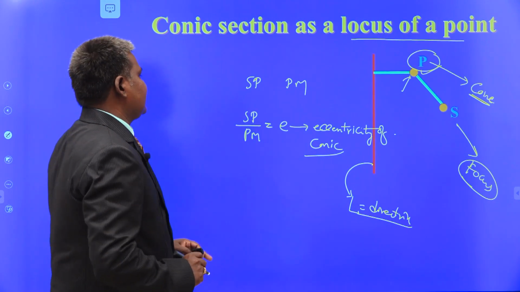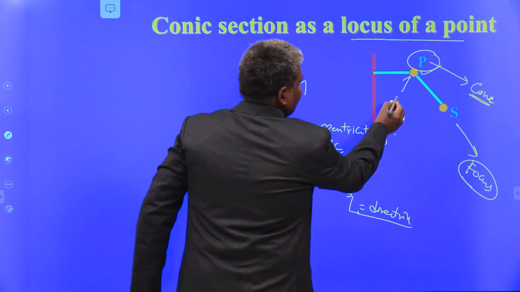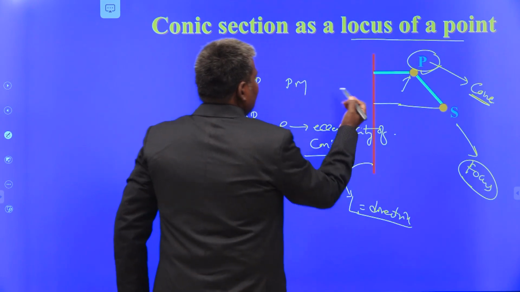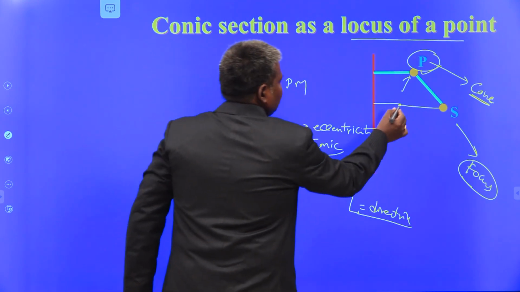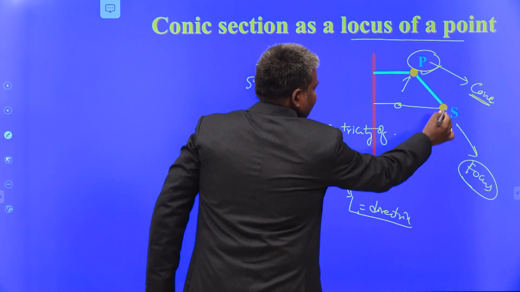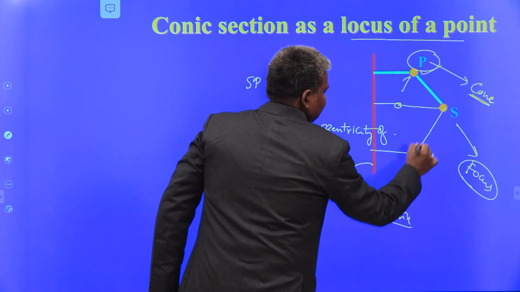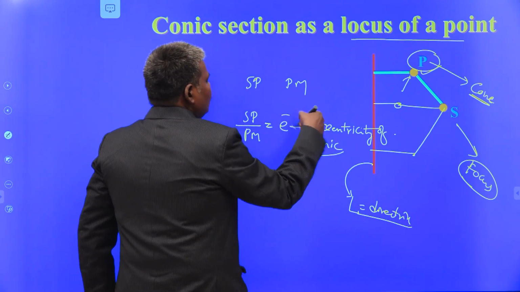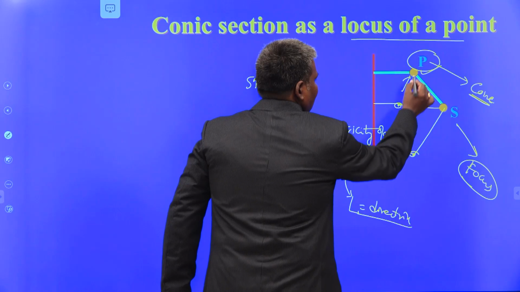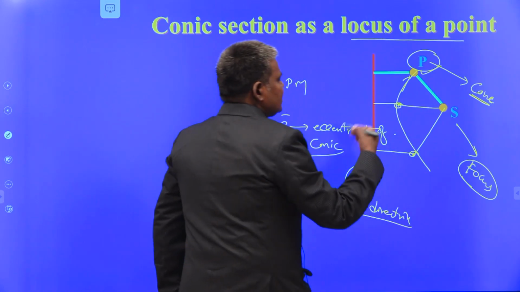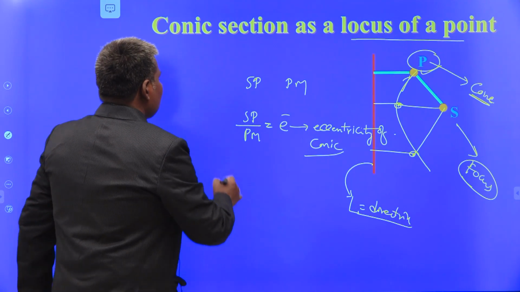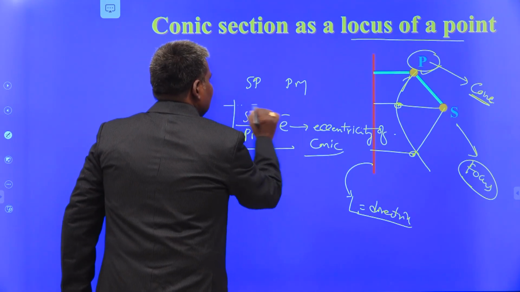Suppose the distance from here to here and here to here maintains the same e, we take this point also as part of the locus. Suppose this is the point, this is SP, this is PM. If the ratio is equal to e, that is also part of the locus. If you collect all these points, we get a locus. That locus is called a conic. So the ratio must be maintained equally.